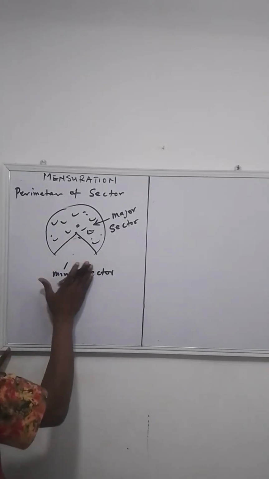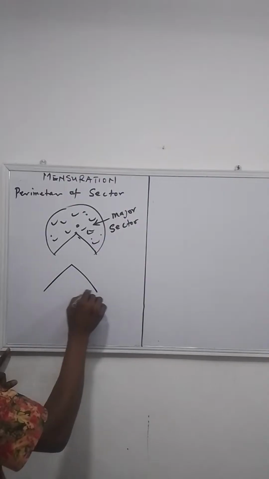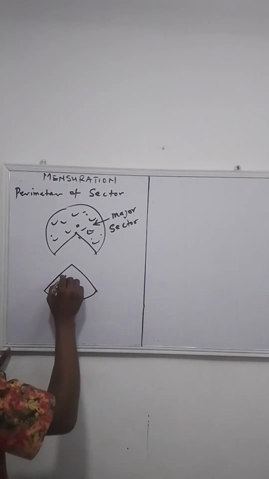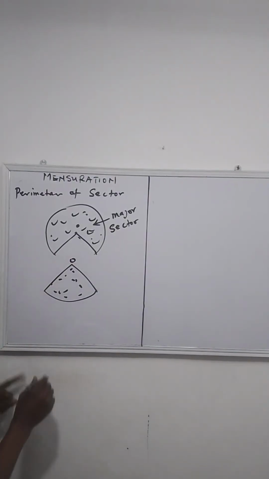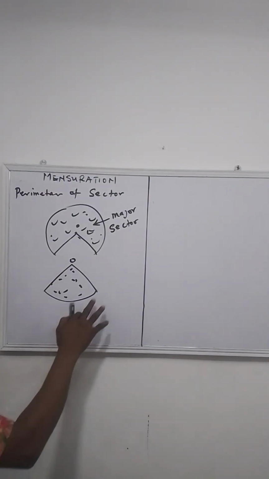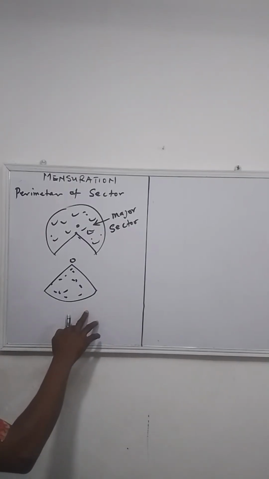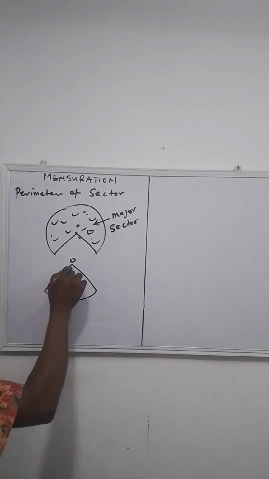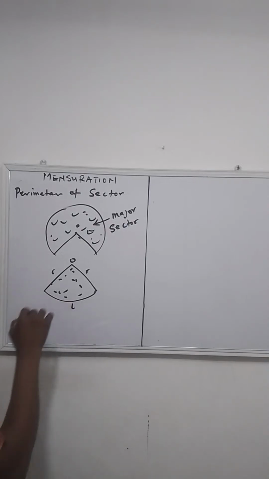So I'm bringing it out. So once I bring it out, it looks like this. Okay, so this is a sector, minor sector. And you can see it's bounded by 2 radii. So we have R, R. And this is an arc, minor arc length.